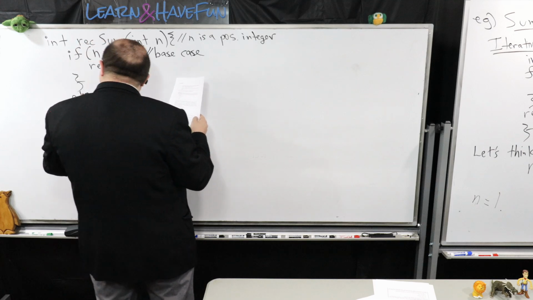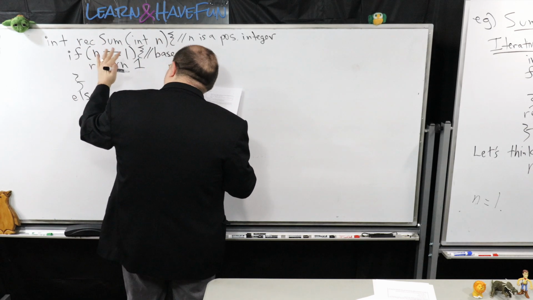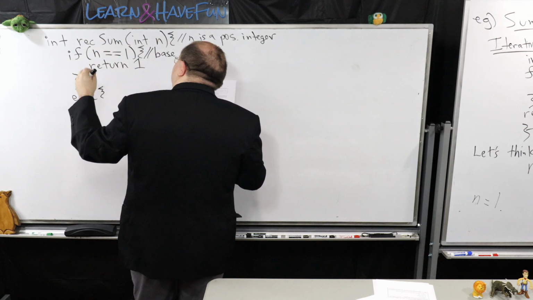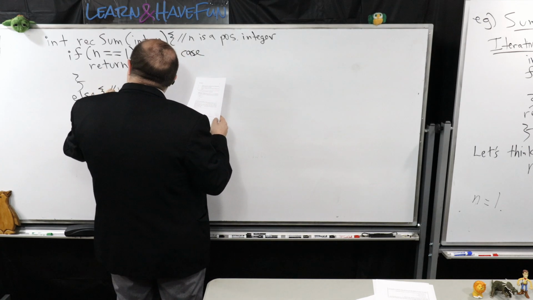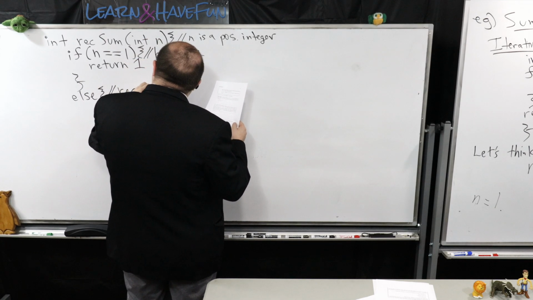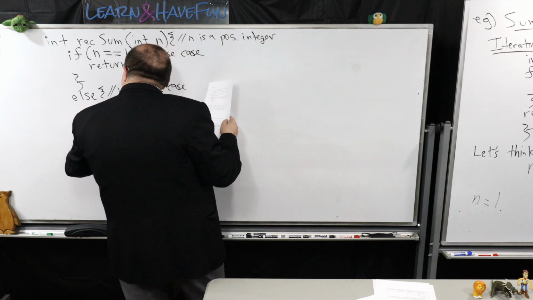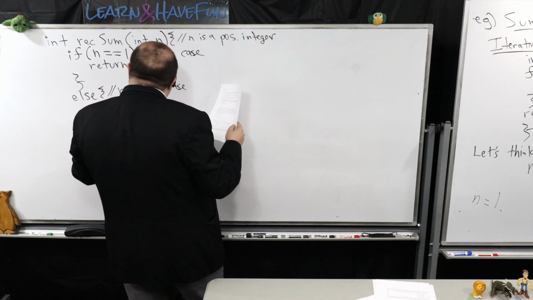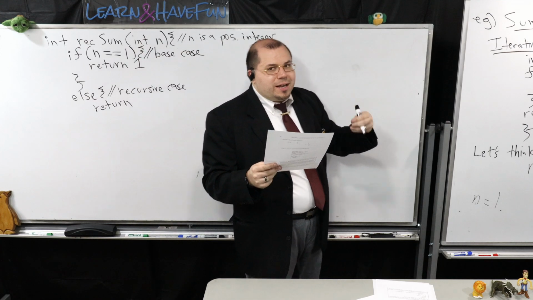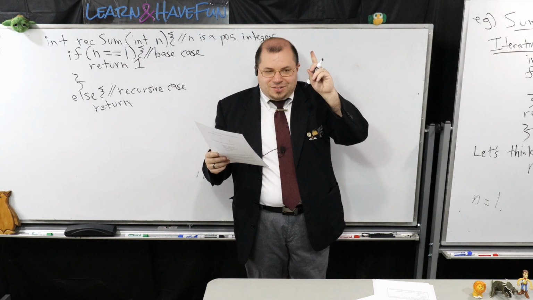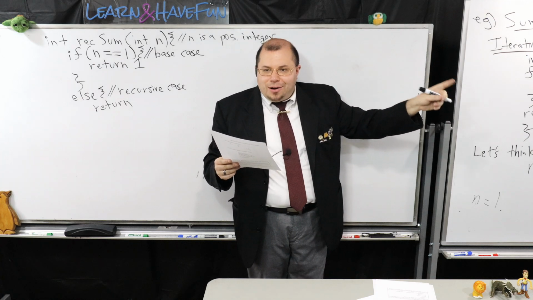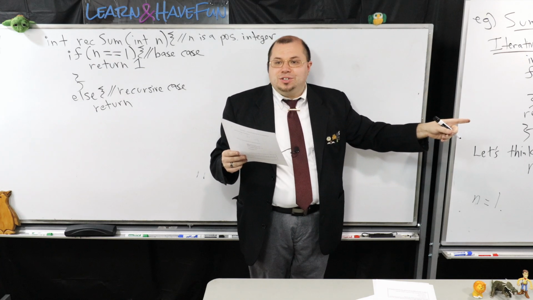Otherwise, naturally, if it hasn't gotten small enough, I'm going to have the recursive case. And it's just going to be like what I just described. So remember, I know what the answer is to the sum where I start off at n and I want to go down from n all the way down to 1.